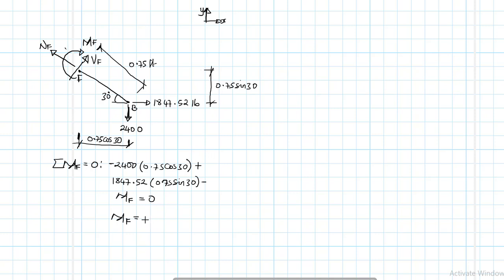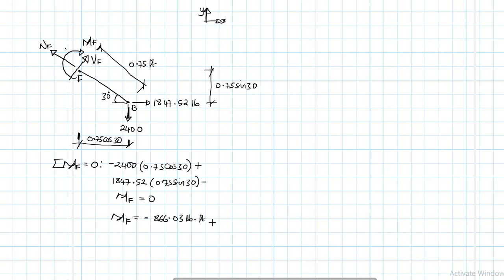Right, so we have minus 866.03 pounds feet.